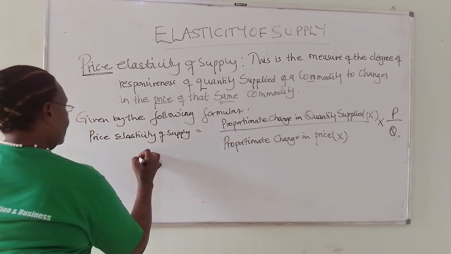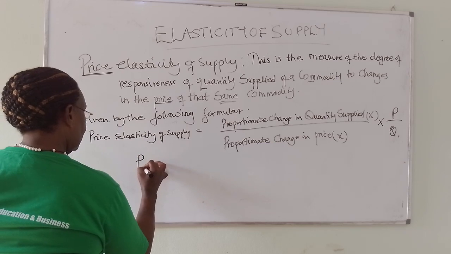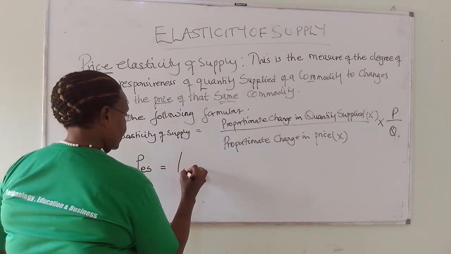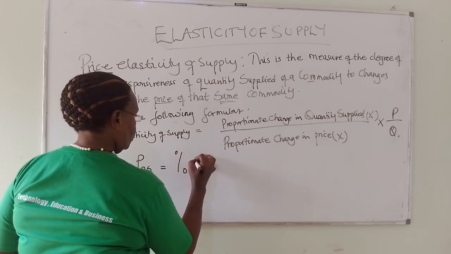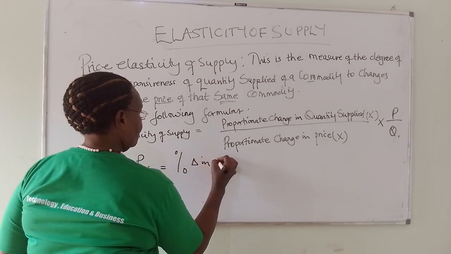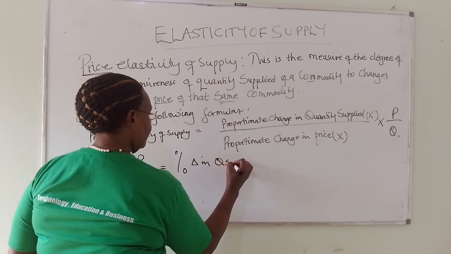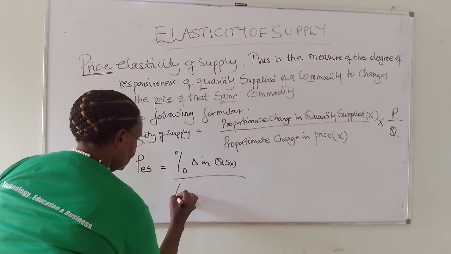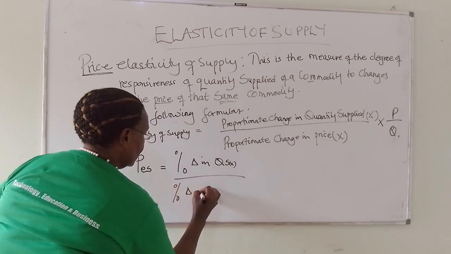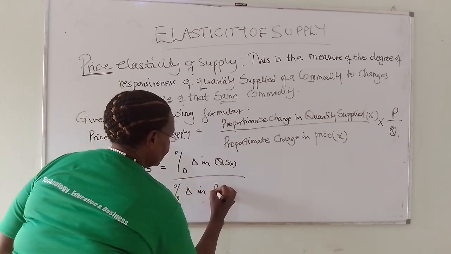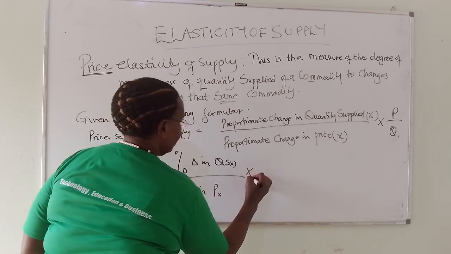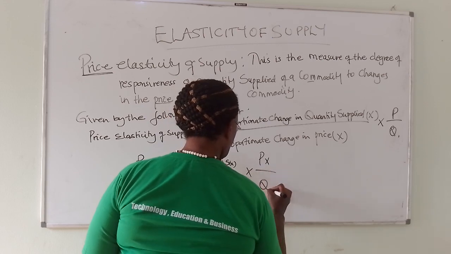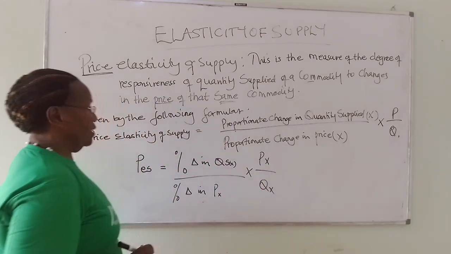So we can say, in abbreviation, price elasticity of supply is given by percentage change in quantity supplied of commodity X over percentage change in price of X multiplied by price of X over quantity of X. So we are looking at the same commodity.